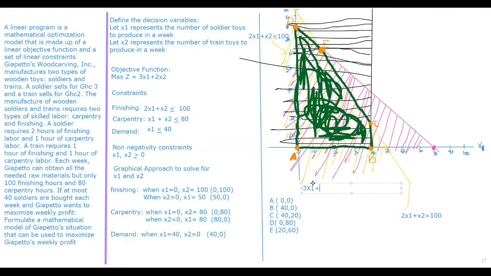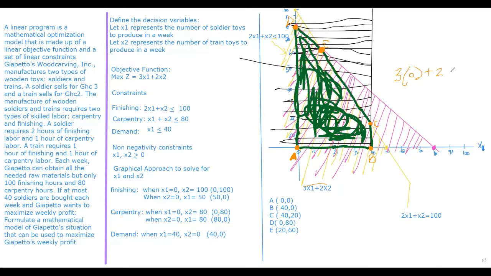The objective function is 3x1 plus 2x2. You get it? So when you pick the first one, 3x1, what is the x1 for point A? Point A, the x1 is 0, plus 2x2. We are using this function.